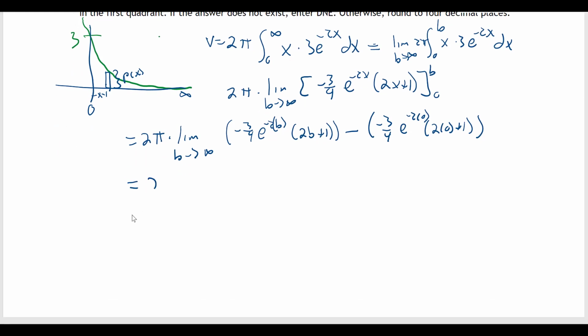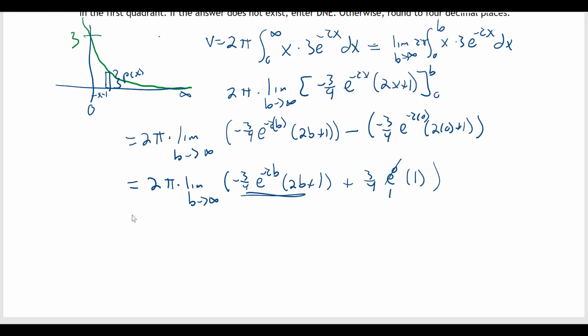So we have 2 pi times the limit as b goes to infinity of negative 3/4 e to the negative 2b, resisting the obvious joke right there, times 2b plus 1, plus 3/4 e to the negative 2 times 0, which is just going to be 1, times 1. 2 times 0 plus 1 is 1.